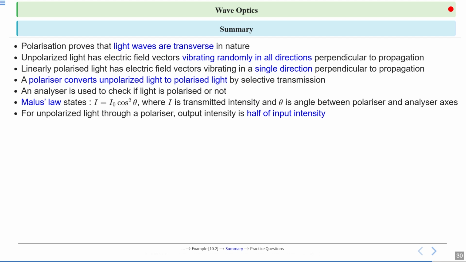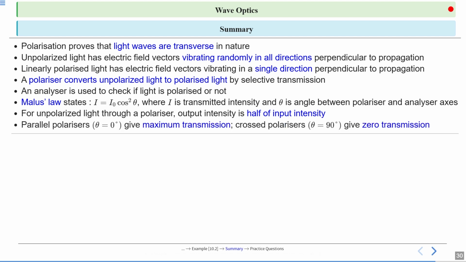When unpolarized light passes through a polarizer, the output intensity is reduced to half of the input intensity. This is because the polarizer allows half of the randomly oriented electric field vectors to pass through, demonstrating the selective nature of polarization.